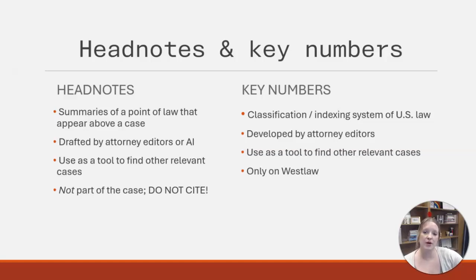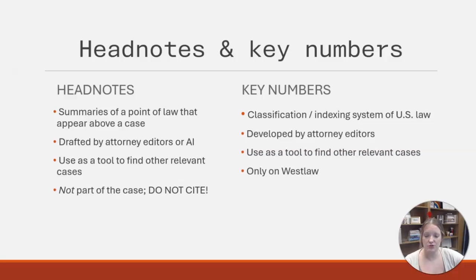These are not part of the case, so we're not going to cite them, but we are absolutely going to use them as tools in our research. As we said, they are drafted by attorney editors or AI tools that have read the case, and then they have taken the key points and summarized them in what they believe is the helpful way, to help us with our research.